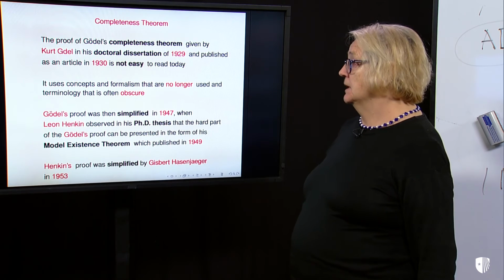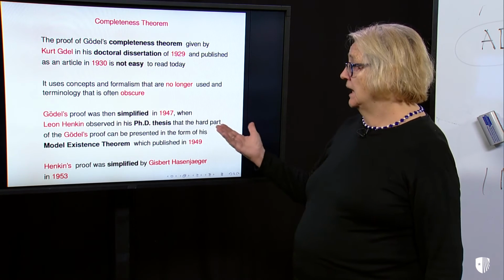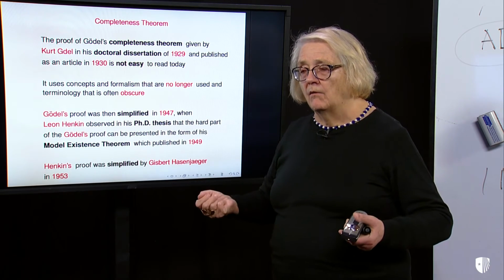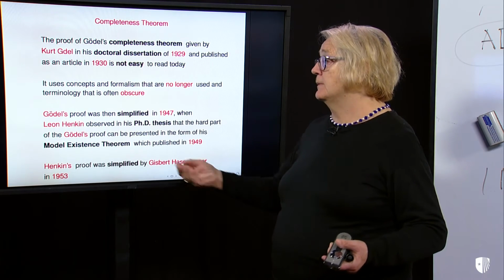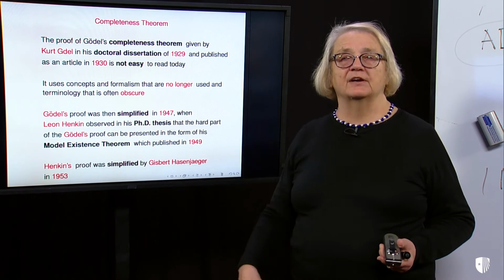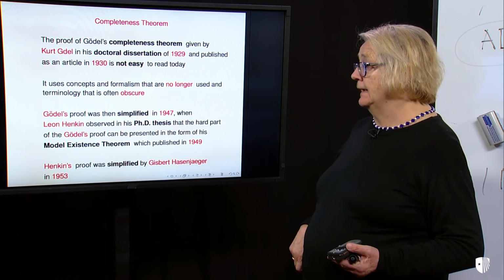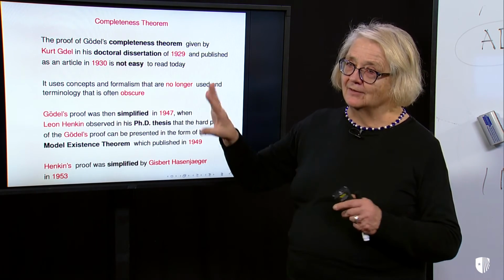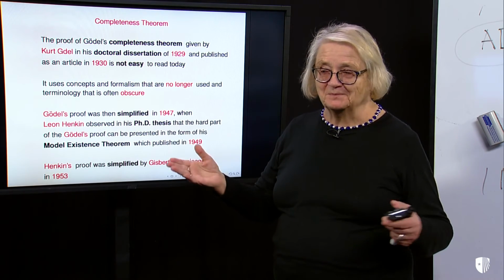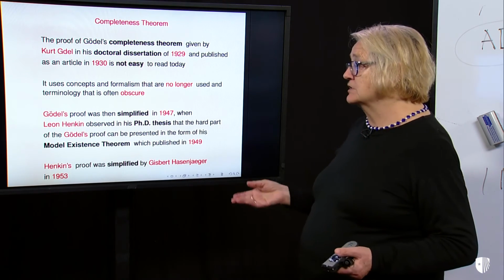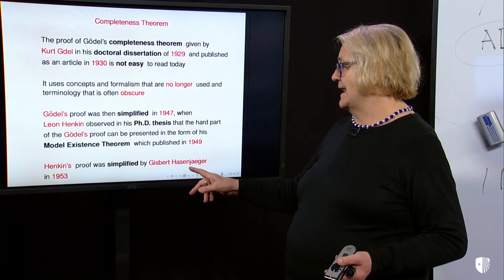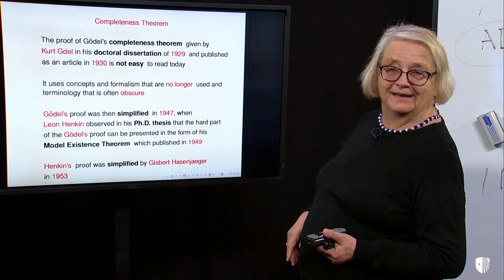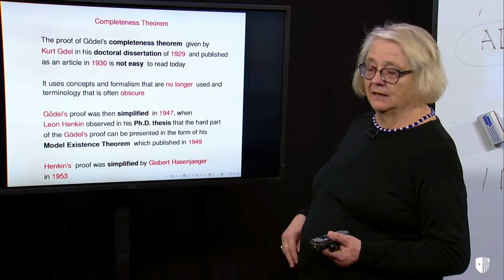In his PhD thesis, published in 1949, he really simplified and explained in a more formal way the model existence theorem, those canonical structures. Then the Henkin proof, which was much more complicated than what I show you, was simplified in 1953 by Hasenjaeger, Gisbert, I hope I pronounced it properly.